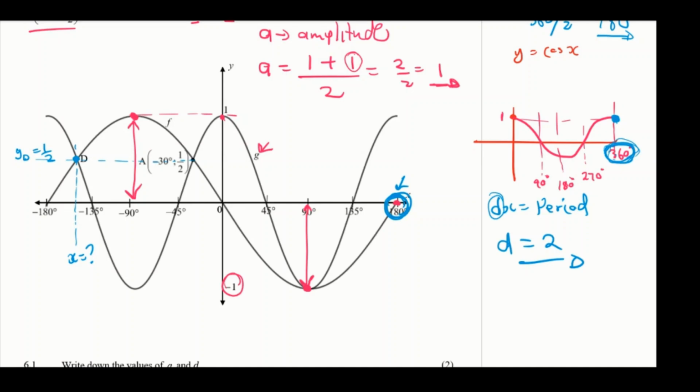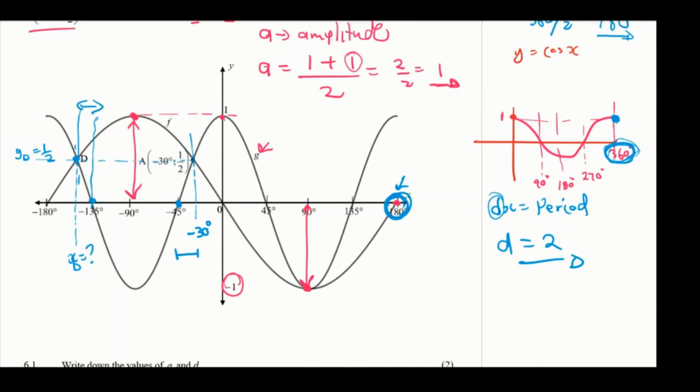You just want the value of x of D, right? So for us to find it, since A is in line with D, and we see that here it's 45 degrees, but here the x value is minus 30 degrees, right? Let's find the difference here, which should be equal to this difference that exists here, right?